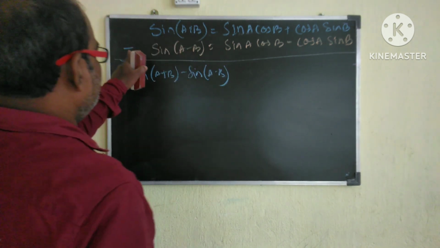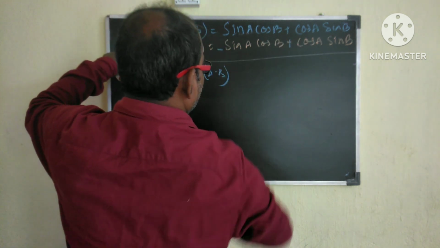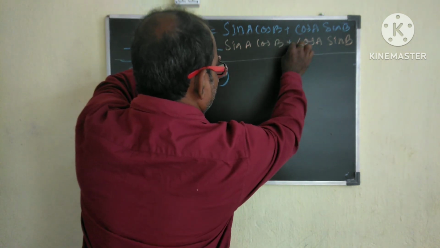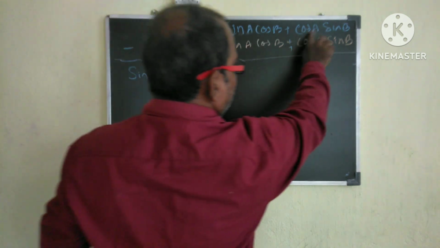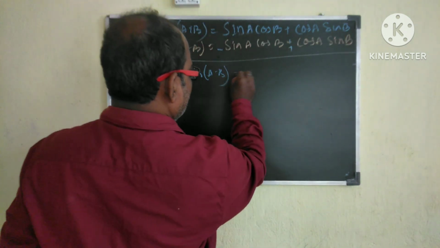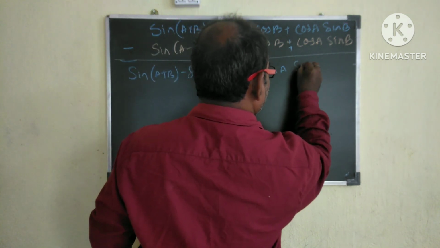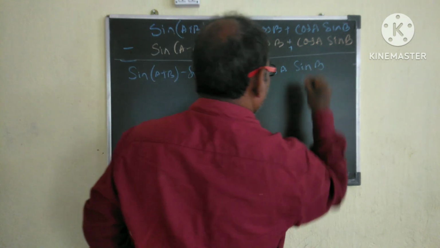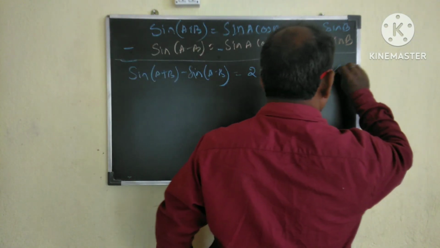Now since here is minus, this becomes minus, this becomes plus, so automatically this gets cancelled off, isn't it? So we get 2 cos a sine b. So this is one more important formula.